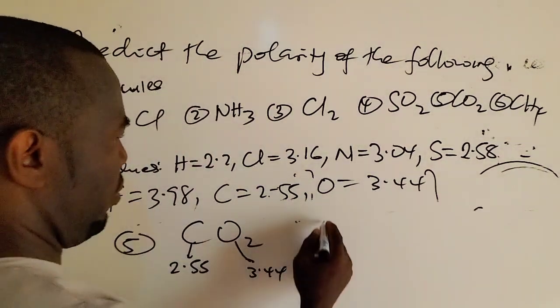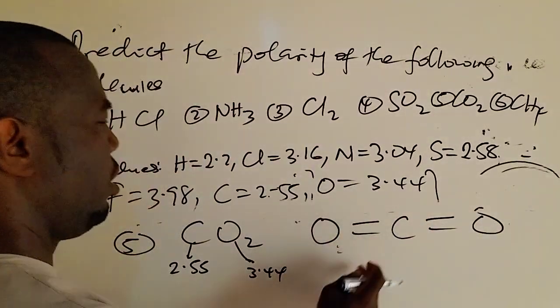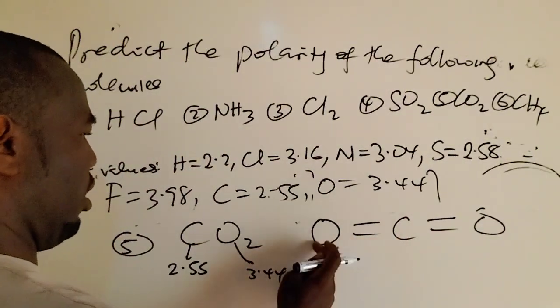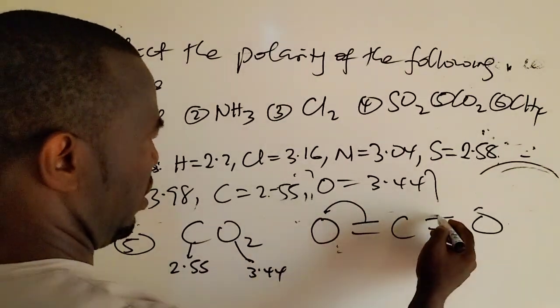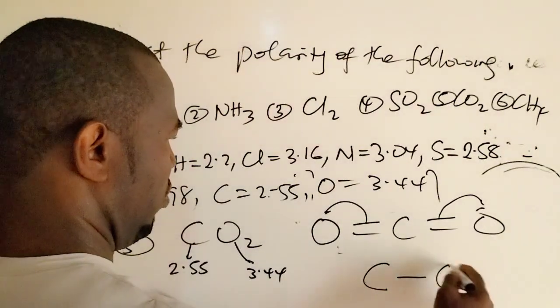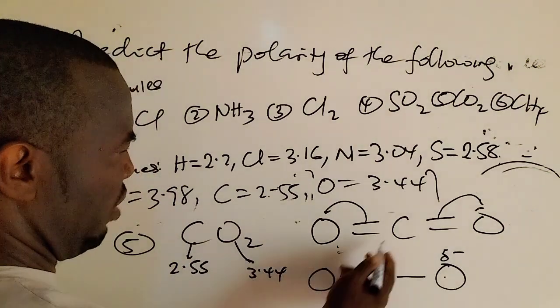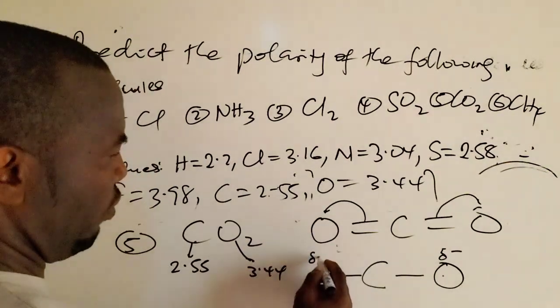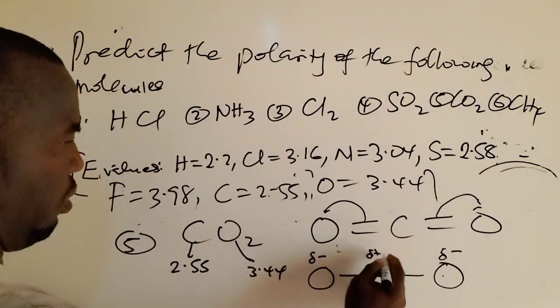CO2 has a double bond, linear shape between carbon and another oxygen atom. If I shift this bond's electron this side, I'm going to have oxygen here being partially negative, and this oxygen move this electron up being partially negative, and carbon at the center being partially positive.